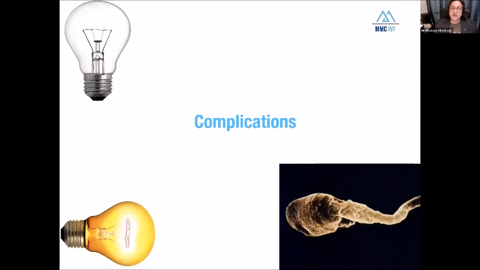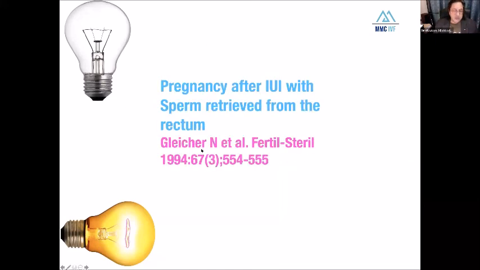Go to a lab which has facilities with clean air systems and benchtop incubators, where they do their IUIs. Saying that, sperms are very hardy creatures, and if you have trained technicians... this is an old paper, a wonderful paper, a must read for gynecologists. There was a ureterorectal fistula.